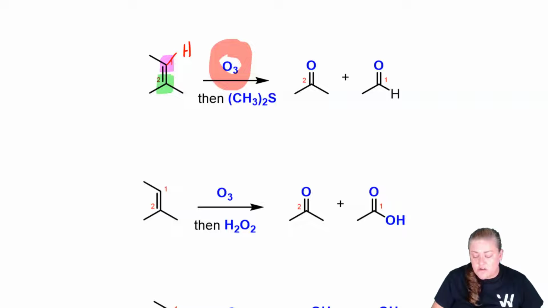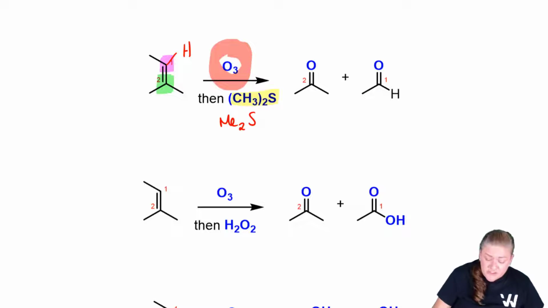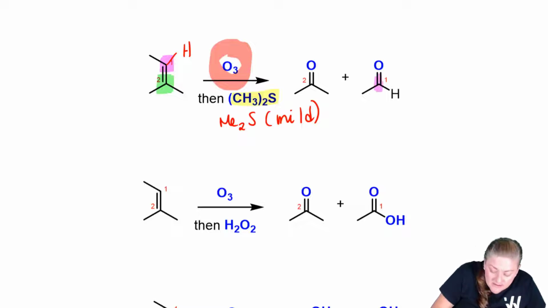We're going to start with this workup here, dimethyl sulfide. You may see this abbreviated as Me2S. Now, Me2S is considered a mild workup, which is going to be important when we think about the resultant product. Now, carbon number 1, which I highlighted in pink, is here.